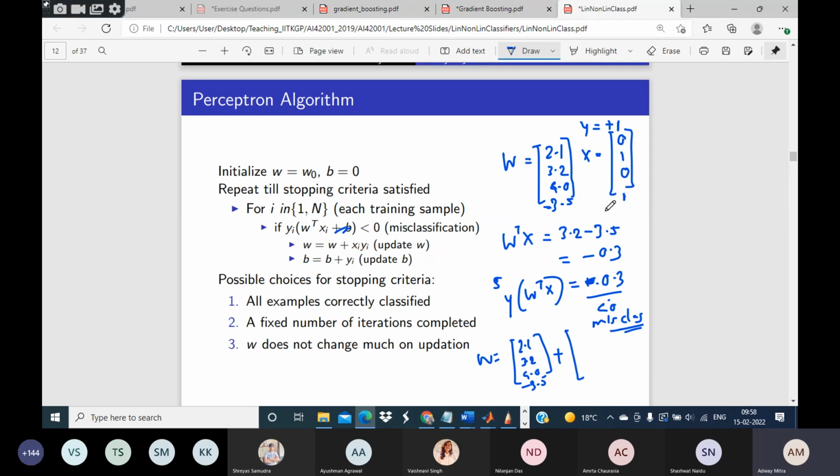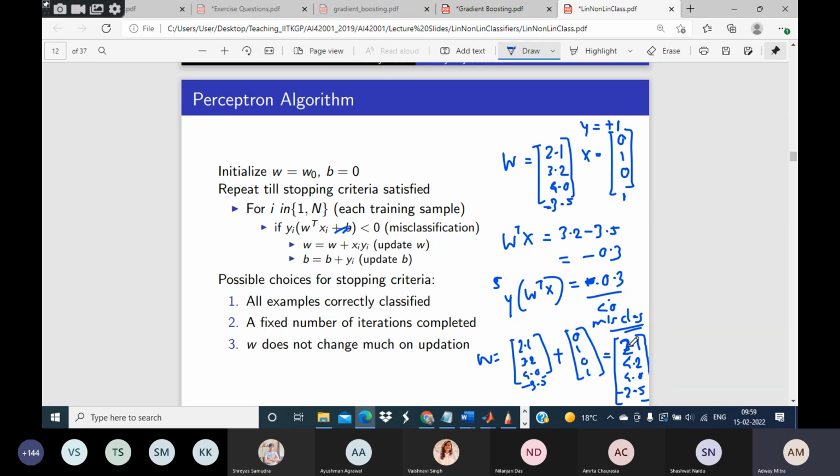So y is of course +1, so everything will remain as it is, 0, 1, 0, 1. And so the new W becomes 2.1, 4.2, 4.0, minus 2.5.